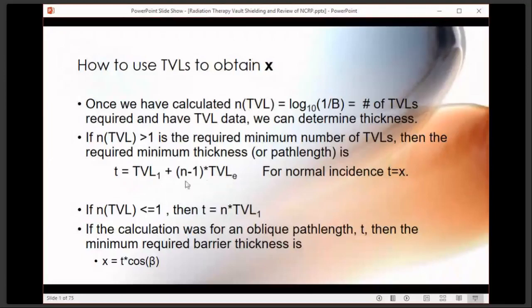So this is the first TVL, and this is the remaining number of TVLs. And that's the formula we would use for normal incidents.